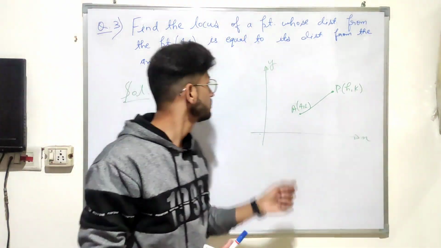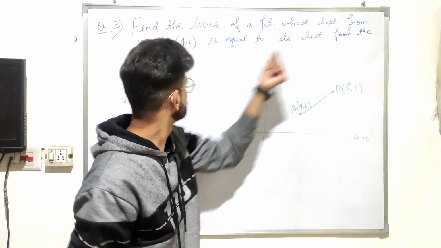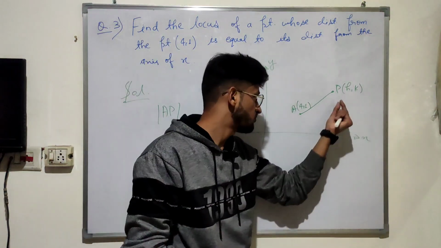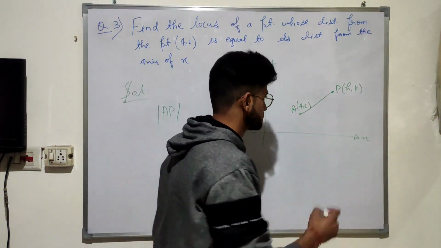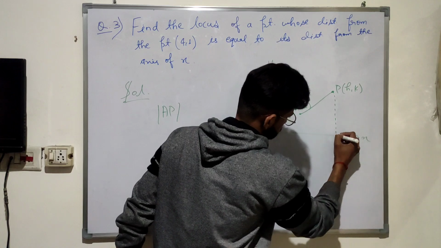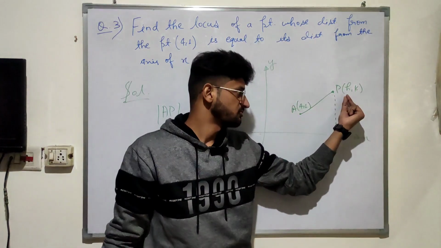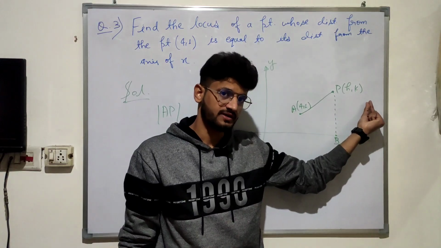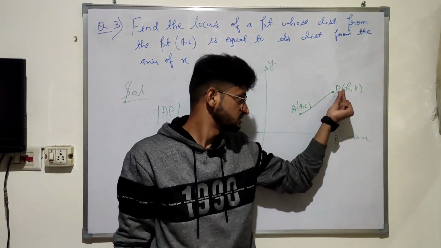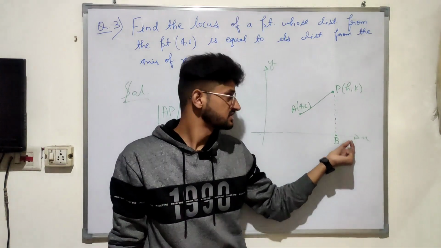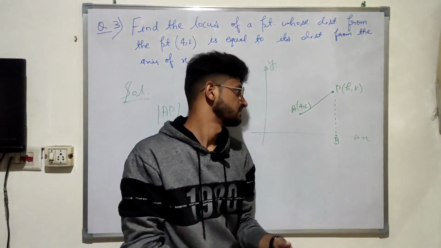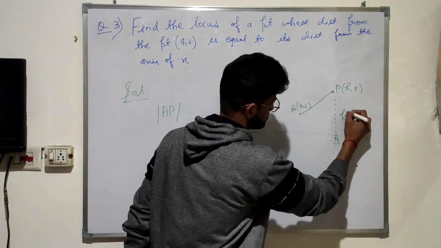This distance is going to be equal to its distance from the axis of x. So the distance of point P from the x-axis, basically this distance, let's say this is B. If there is a point P with coordinates (h, k), the distance of this point from the x-axis is nothing but the y coordinate of this point. So basically this is k units.